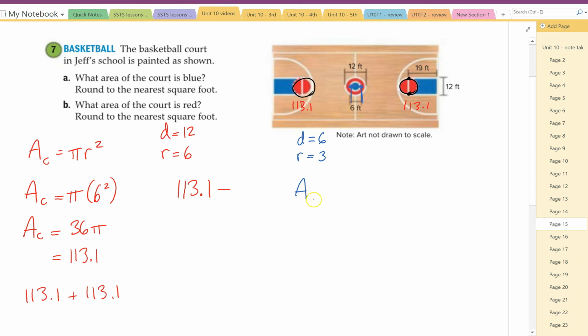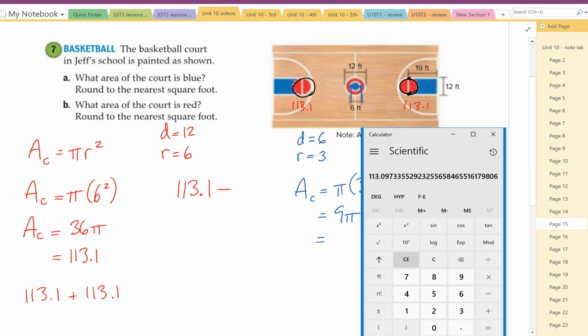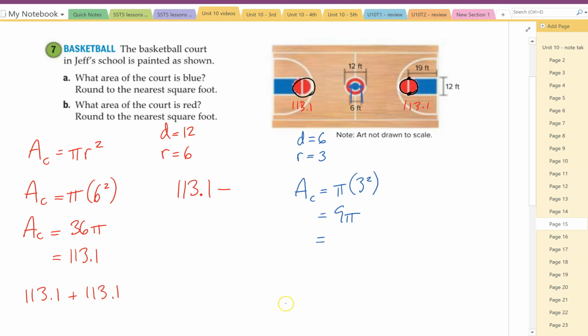So to figure out the area of the little blue circle, I'm going to say, okay, well, pi times 3 squared. I know 3 squared is 9, so I just need to know 9 times pi. 28.3. Okay, so the area of the little circle is 28.3. So to figure out the area of the red inside of this circle, I'm going to take the 113.1, which I know the whole thing would be, and I'm going to subtract this 28.3 from it.